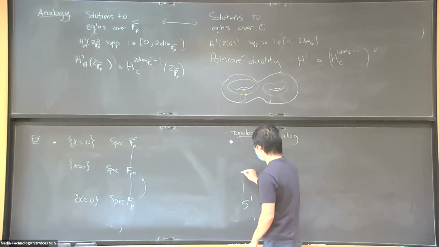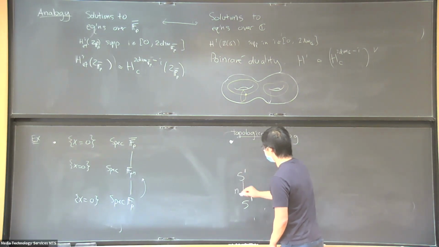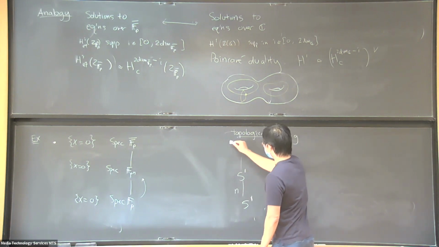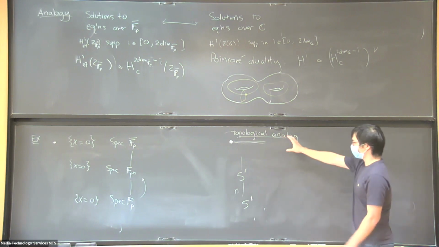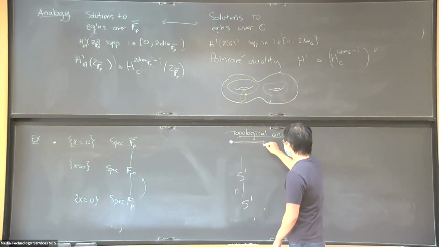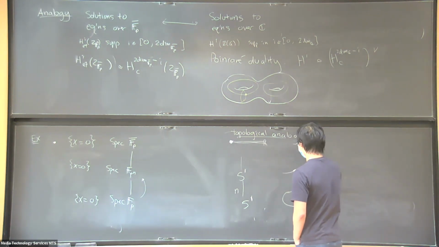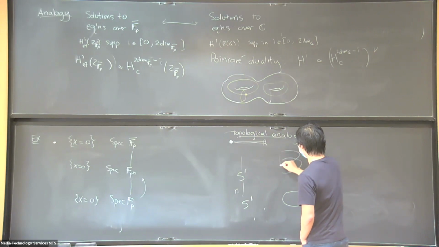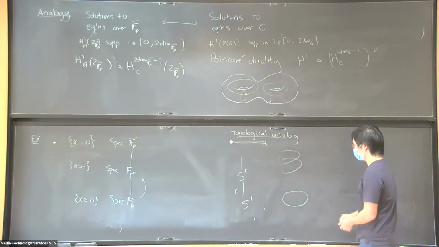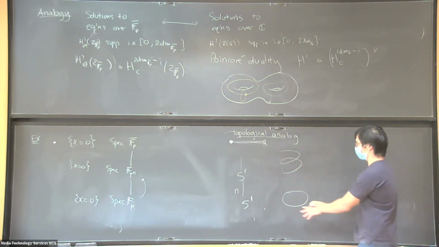It has a unique cover of degree n for every n, which happens to be the circle again, and the universal cover is the real line, which is contractible. So from the perspective of topology, it looks like a point. Here's a little picture. Maybe not too convincing, but it's meant to be a two-sheeted cover of the circle by a circle.